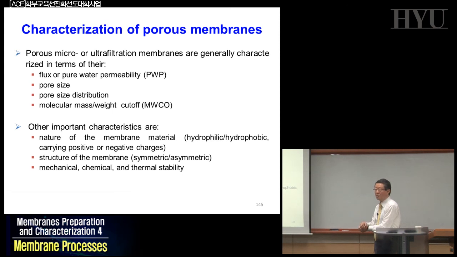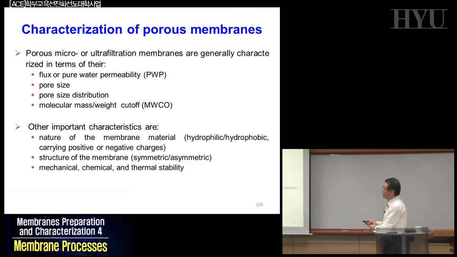If you're talking about a microfiltration membrane, you don't need to know the permeability of salt water. So pure water permeability is one single characteristic of the membrane that you cast.